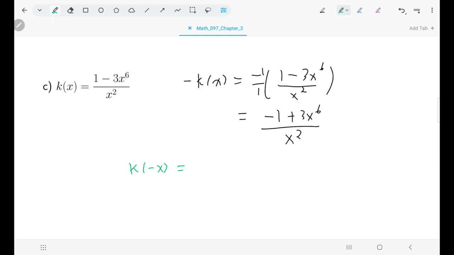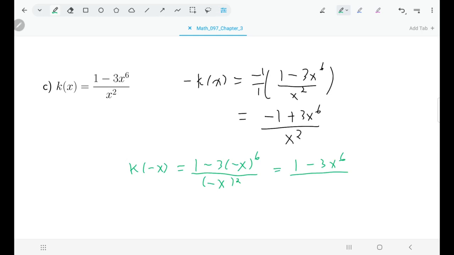Replacing all the x's in my original function with negative x's, I'll have 1 minus 3 times negative x to the 6, all over negative x squared. Since it's a negative number being raised to an even power, I know it's going to come out positive. So negative x to the 6 is positive x to the 6.